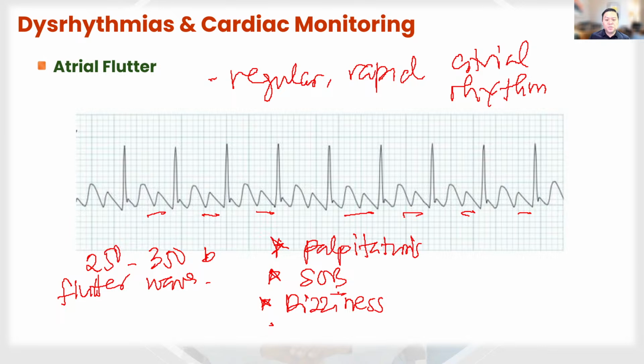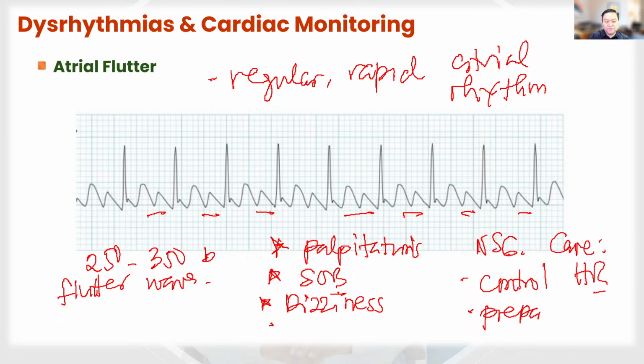And in order to manage this patient, what we're going to need to do here is to control the heart rate. So nursing care is to control HR, or probably would need some cardioversion. So we're going to prepare the patient for cardioversion.